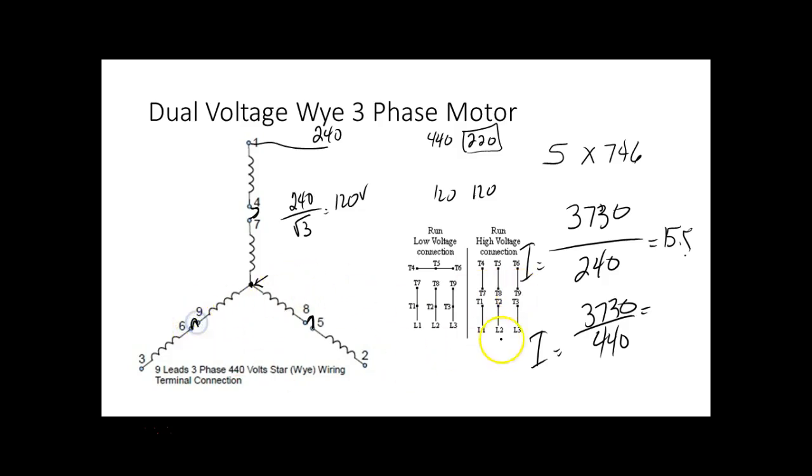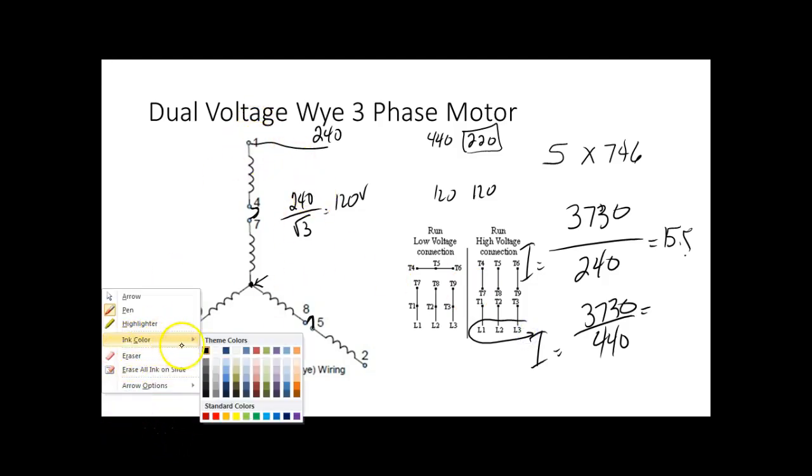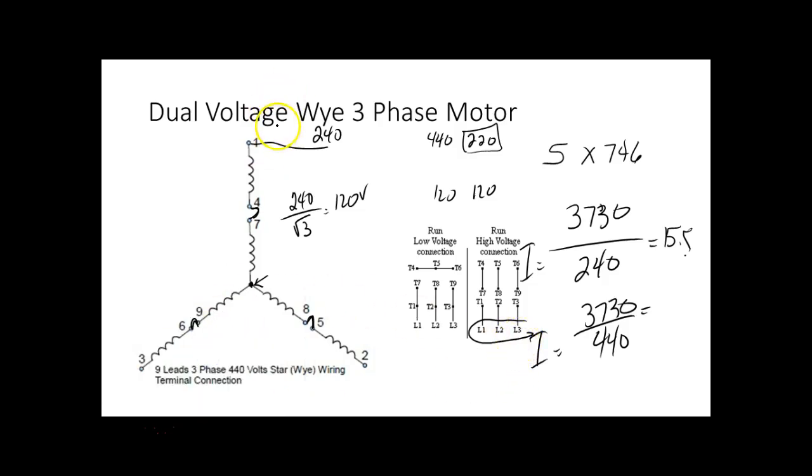I do. And it says my power should apply up here. So I should bring L1 and connect it right there. L1 to T1, L2 to T2, and L3 to T3. That make sense?